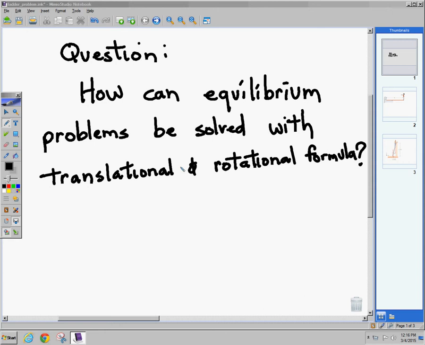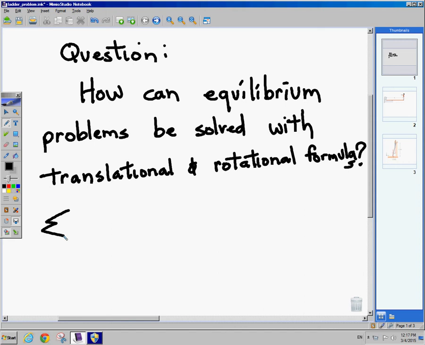Question: how can equilibrium problems be solved with translational and rotational formulas? What I mean by translational and rotational formulas is that if something is in a state of equilibrium, all of the horizontal forces have to balance each other out, and all of the vertical forces have to balance each other out.